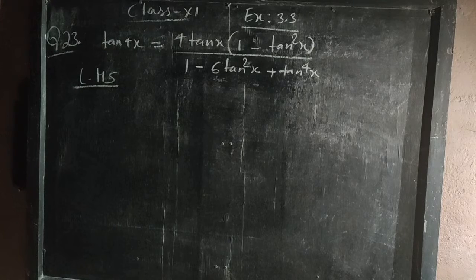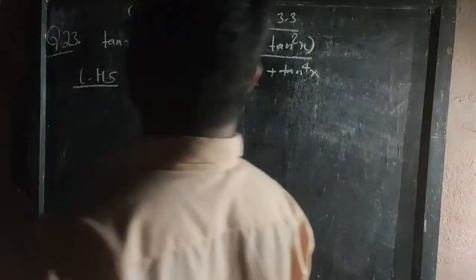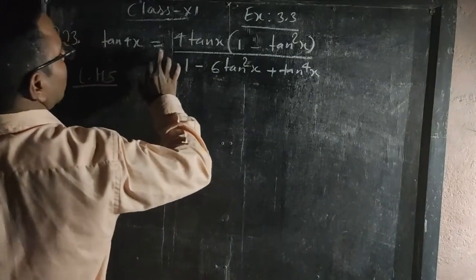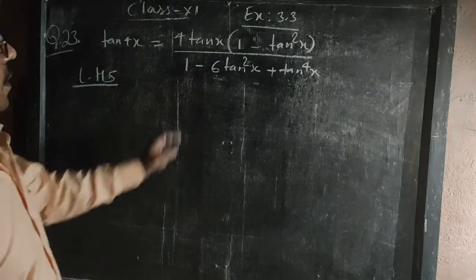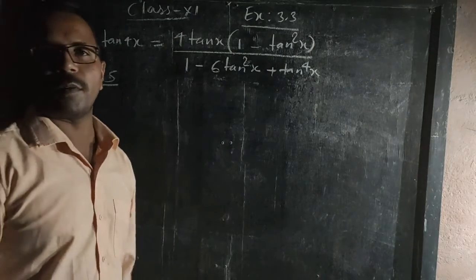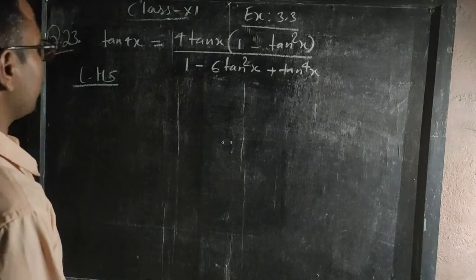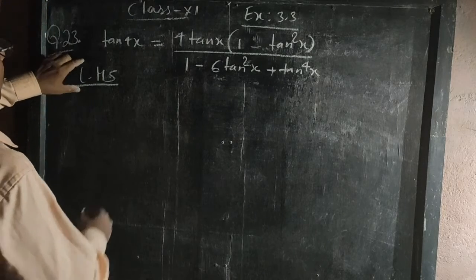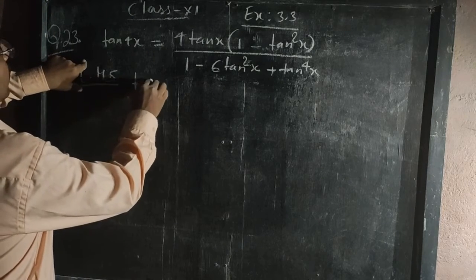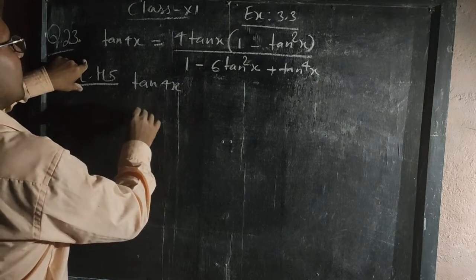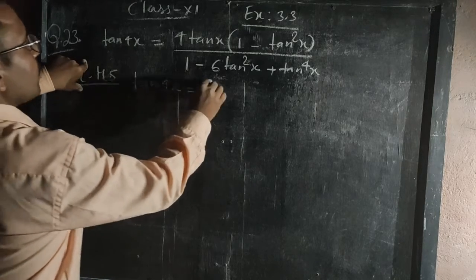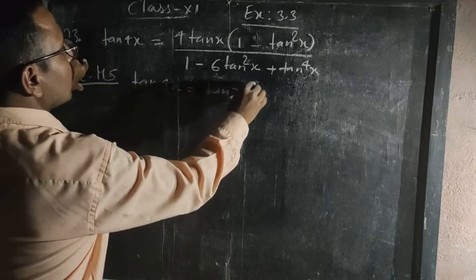So now students, let's see question number 23. Tan 4x is equal to 4 tan x, 1 minus tan square x upon 1 minus 6 tan square x plus tan to the power 4 x. This much is given here. So we will take the LHS side. In the LHS it is given tan 4x, and tan 4x can be written as tan 2 into 2x.